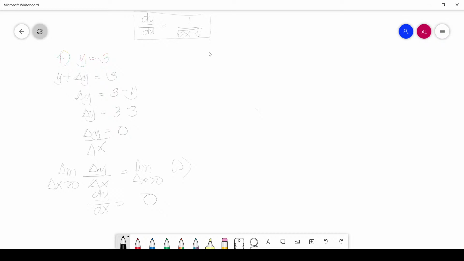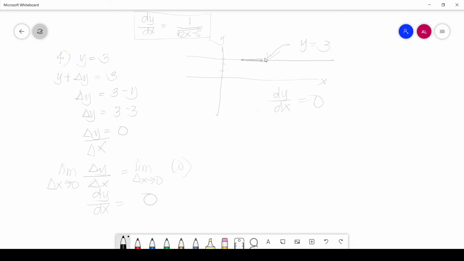So, actually, if we plot this, this is your y, this is your x. Your y is equal to 3: 1, 2, 3. Here is our horizontal line, y is equal to 3. A horizontal line has no slope. If we plot point 1 to point 2, we have no slope. So, that means dy over dx is equal to 0.